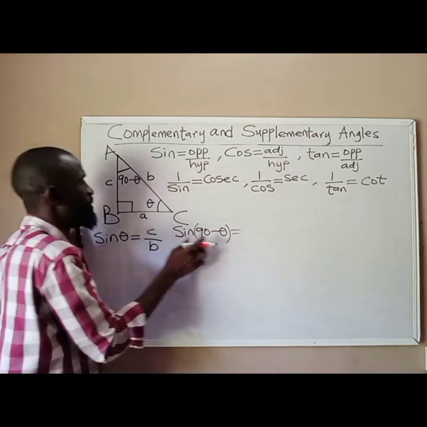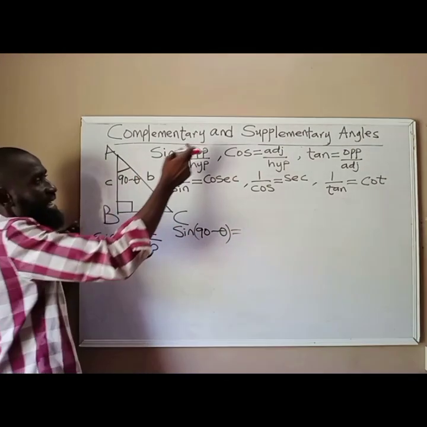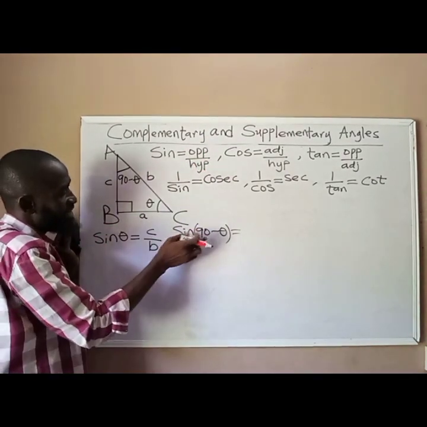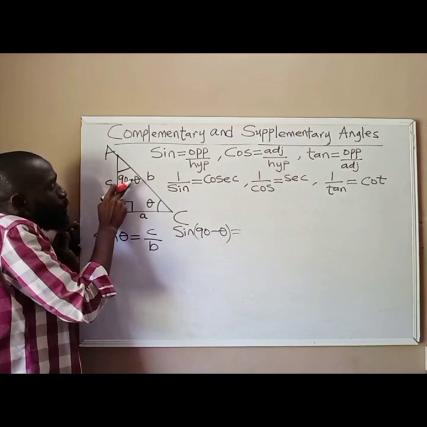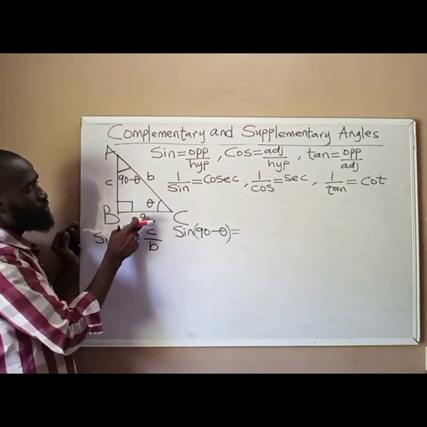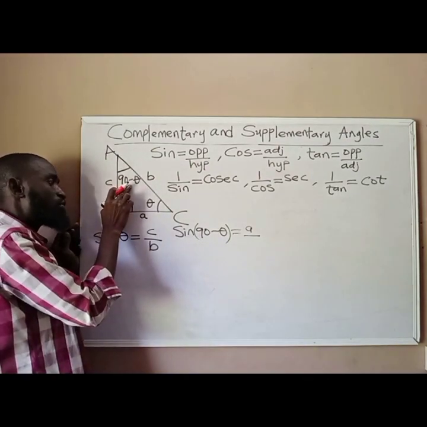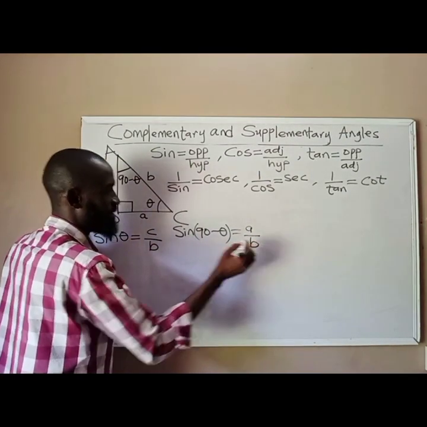Which angle are we talking about here? This angle. Sine is still opposite over hypotenuse. The opposite of this angle is A, all over the hypotenuse, which is B.